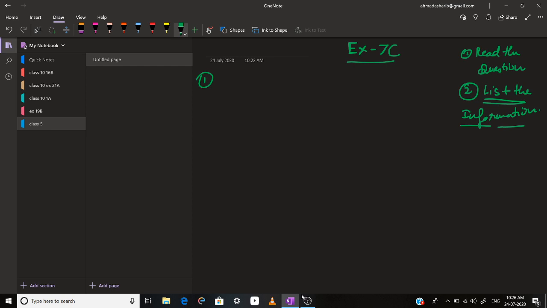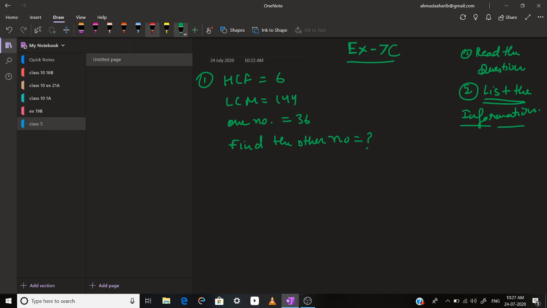HCF is equal to 6 and LCM is 144. Now if one number is 36, the question is saying find the other number. Okay, so we have to find the other number.